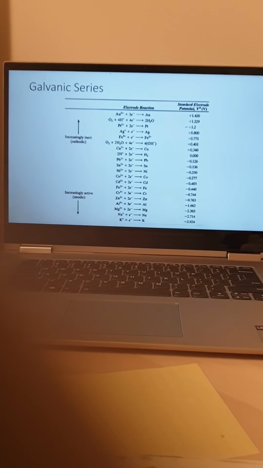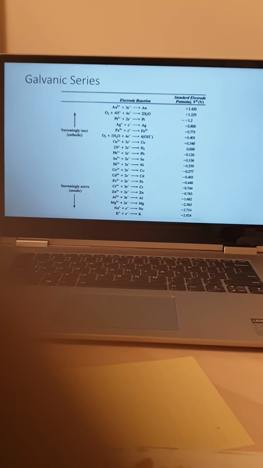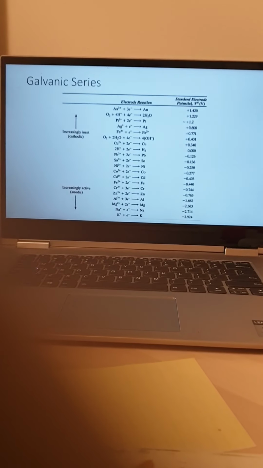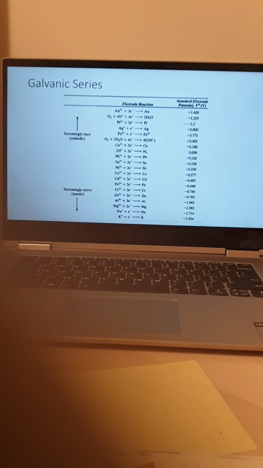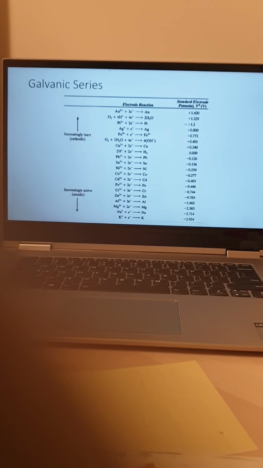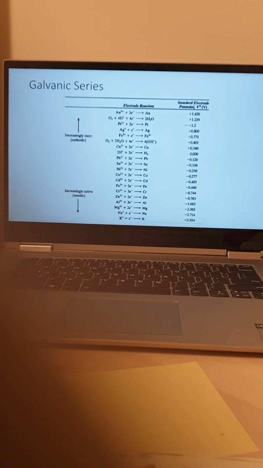So if you remember the Pourbaix diagram, when we talk about iron, we saw that the immunity zone of the Pourbaix diagram is at minus 850 millivolts. The cathodic protection, or any sacrificial anode that we couple with iron, must deliver a current high enough to polarize iron to minus 850 millivolts versus the copper sulfate electrode.